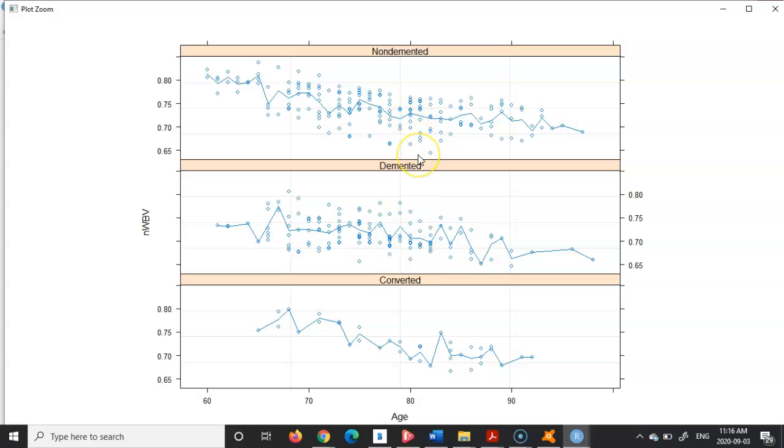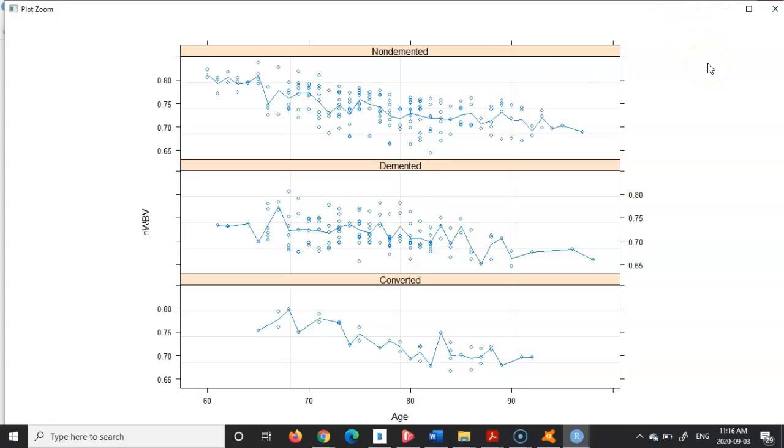Although each one is decreasing, they show different patterns of decrease. With the non-demented, the demented, and the converted, we probably have different slopes for each one, and we see different variations within groups.